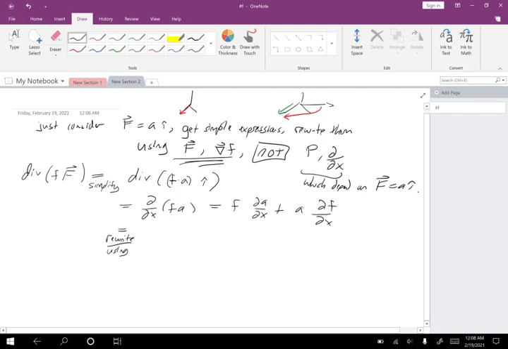So we have a couple of vectors available to us. We have the gradient, which is fx, fy, fz. We have capital F, which we know is just a, 0, 0.